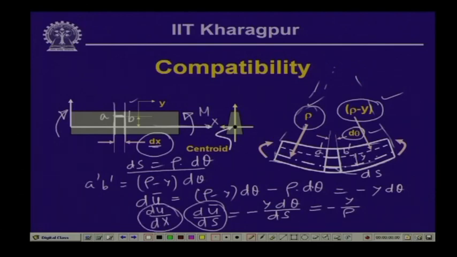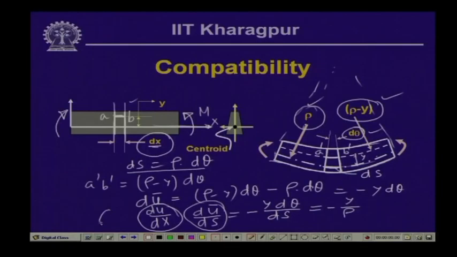and as we know the extension over the original length, we have defined that as strain. So, this is nothing but the strain along the axial direction or normal to the cross section. So, we call that a normal strain. So, normal strain is equal to minus y by rho.